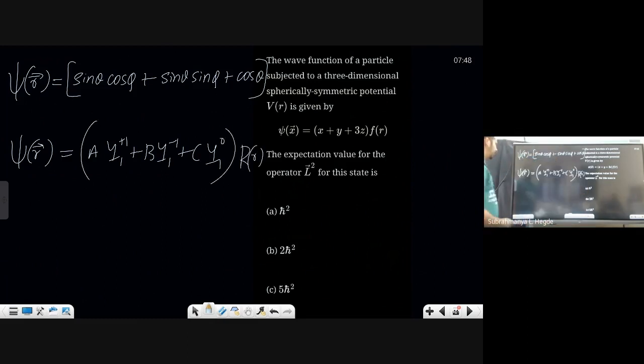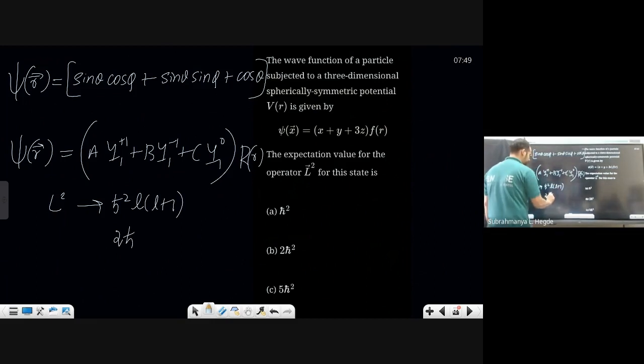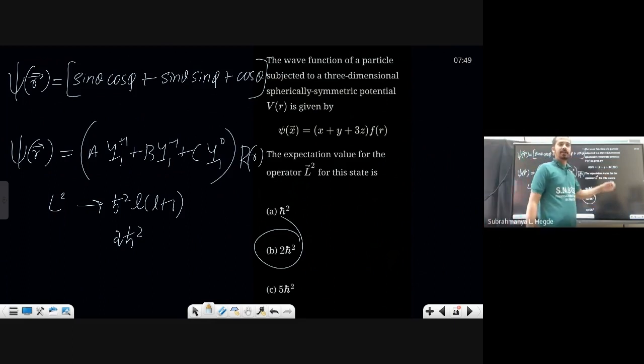Now, if you do an L square measurement on this one, pick up, this is an L square eigenstate with eigenvalue h bar square L into L plus 1, or 2 h bar square, L equal to 1 here. Am I right? A linear combination of these is also an eigenstate. In its own eigenstate, the expectation value is that eigenvalue itself. It is a degeneracy situation, isn't it?